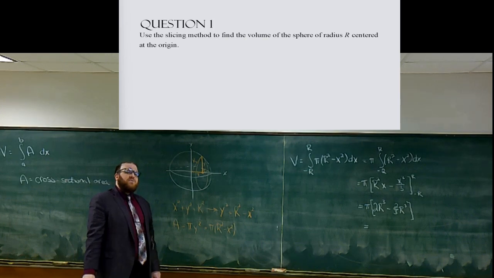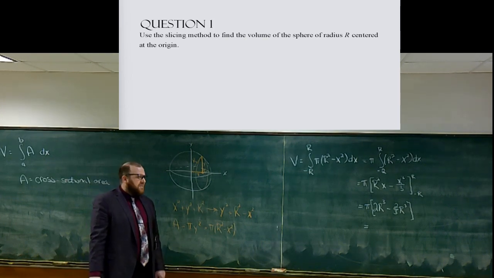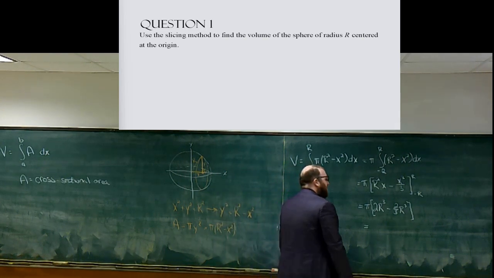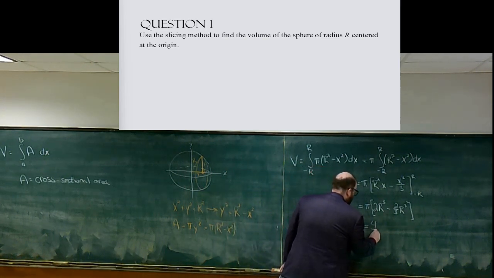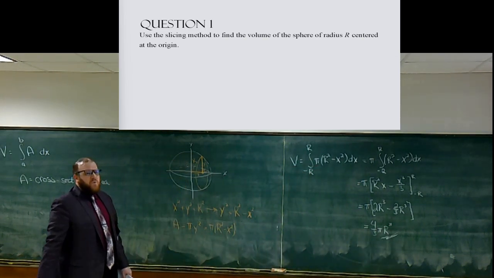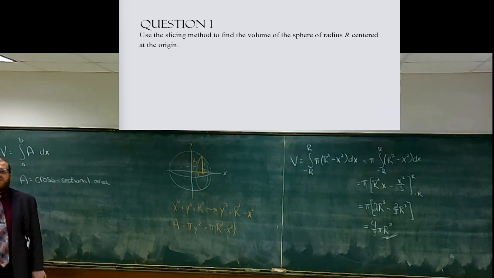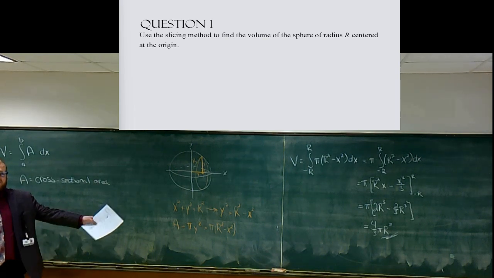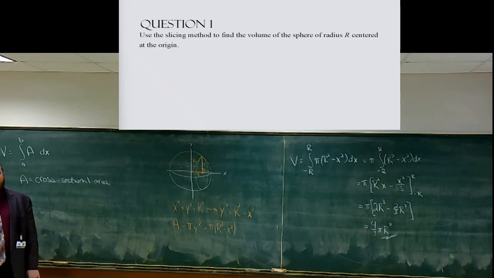And then 2 minus 2/3 is 4/3. 4/3 pi r cubed. Which, if you remember the geometry, that's the volume of the sphere.